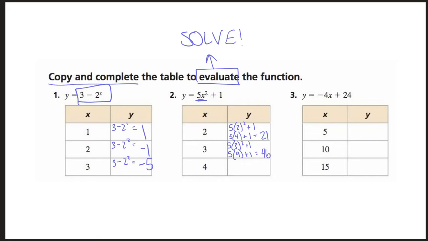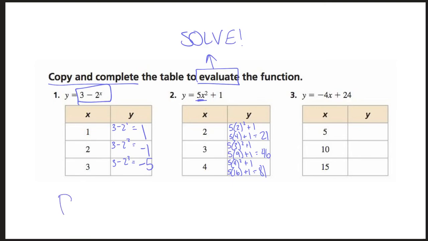Then after that, you've got 5 times 4 squared plus 1, which is 5 times 16 plus 1, which is 81. That's definitely going to be the most challenging of these three that you see right here.